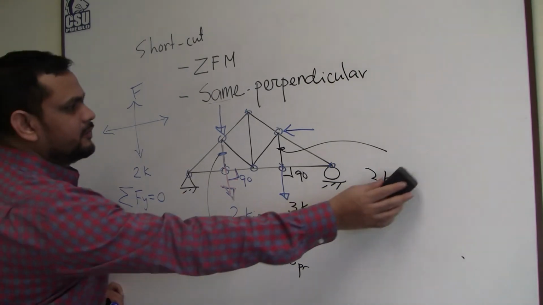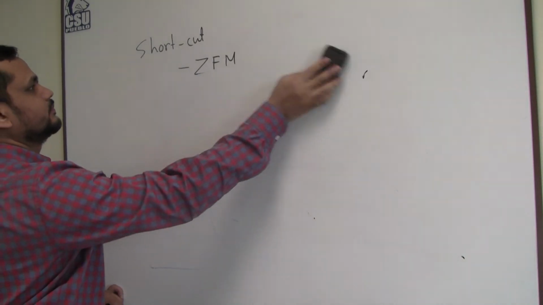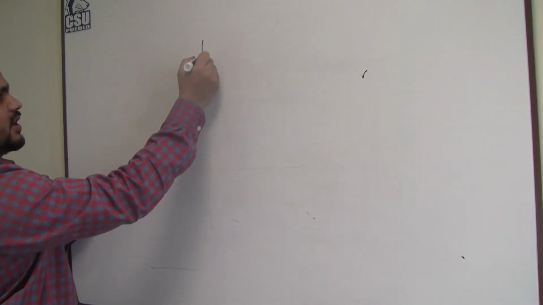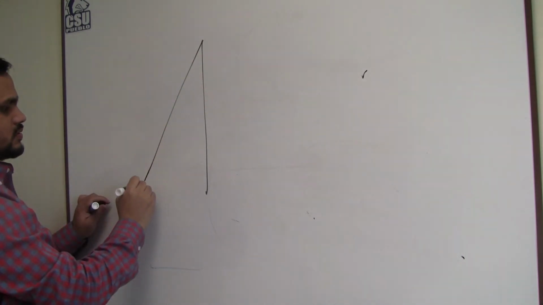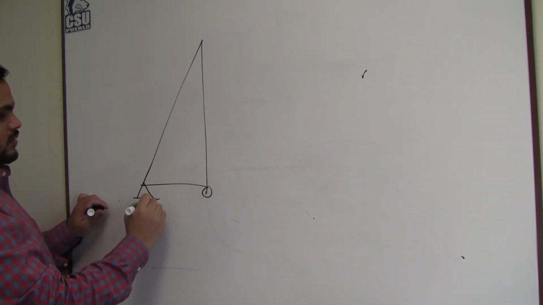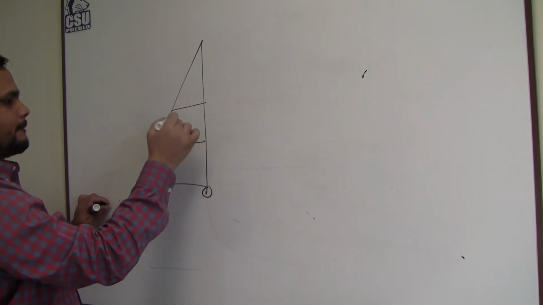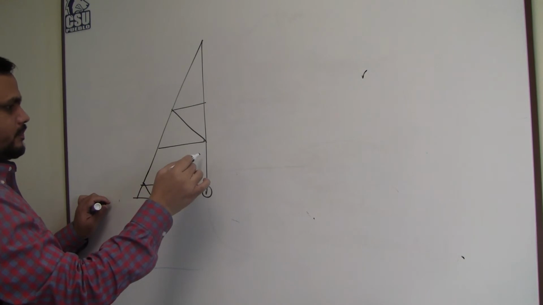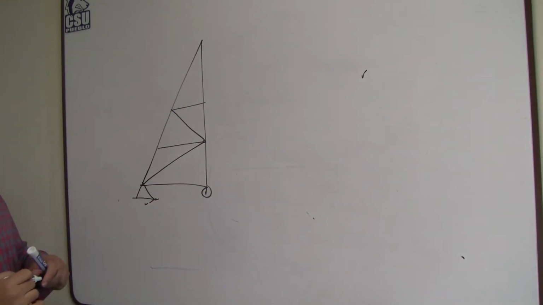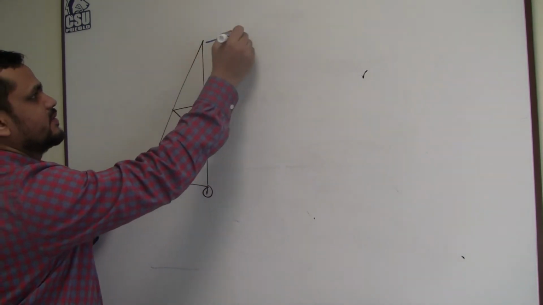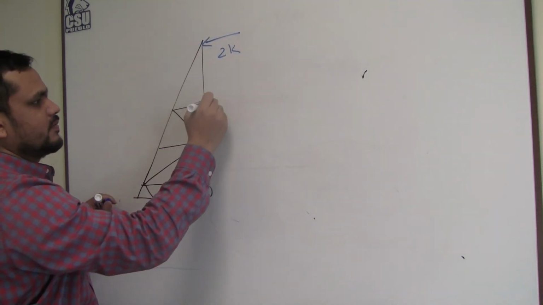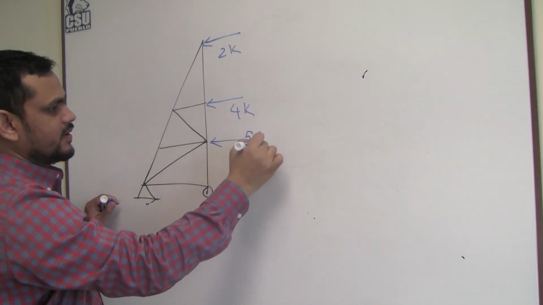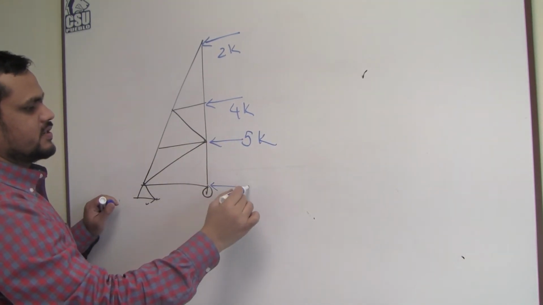Okay, another example. Say a signboard type truss. Say this truss, I have a force here, 2 kips, force here, 4 kips, force here, 5 kips, force here, 1 kip.